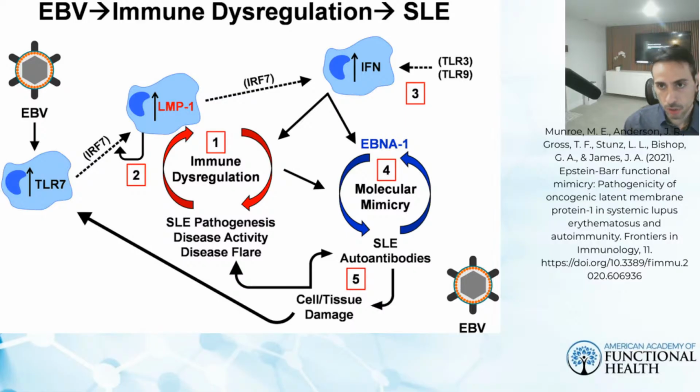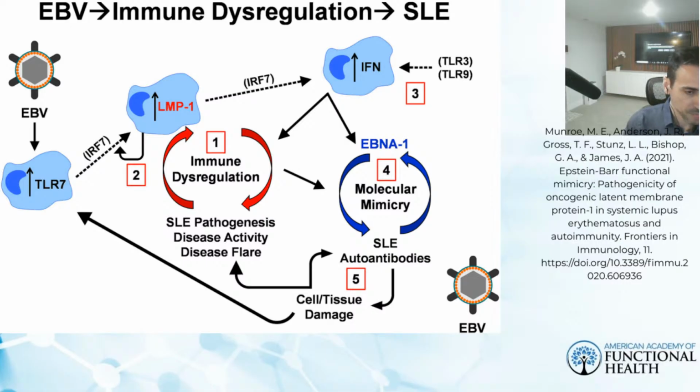Now in number two, we're going to move to number two on the left. LMP1 also stimulates interferon production by activating several transcription factors along with toll-like receptors. This is what you see, the increase in TLR7. So those are toll-like receptors, right?